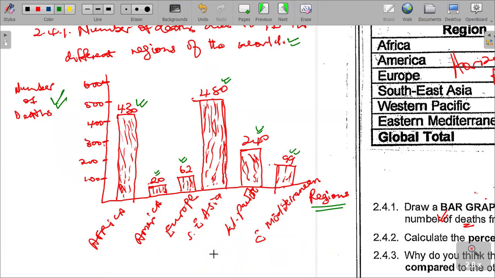Please don't forget to label the readings of each of the bars, because the examiner cannot know exactly what reading you want to say is the one that is there. So put the readings on top of each of the bars to ensure that you don't lose marks unnecessarily.